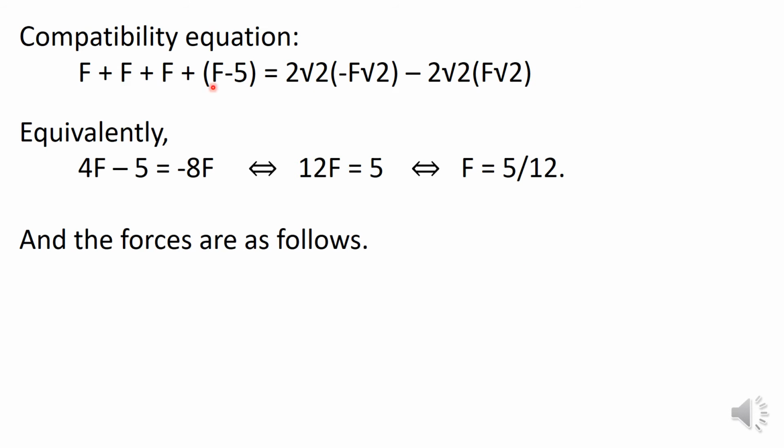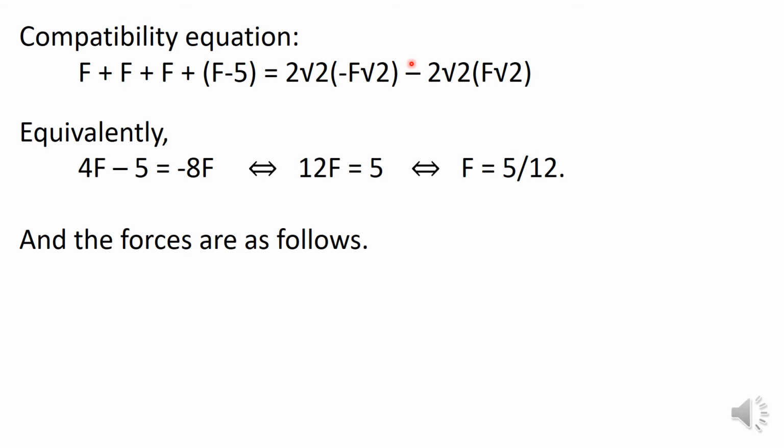So again, we can write the compatibility equation using the same coefficients 1, 1, 1, 1, and then 2 root 2 and 2 root 2 for the diagonals. I think it should be, oh okay, here. So here I've taken the minus sign outside.